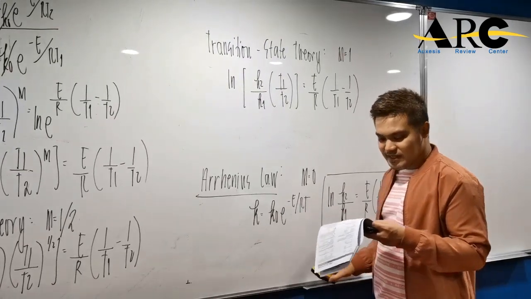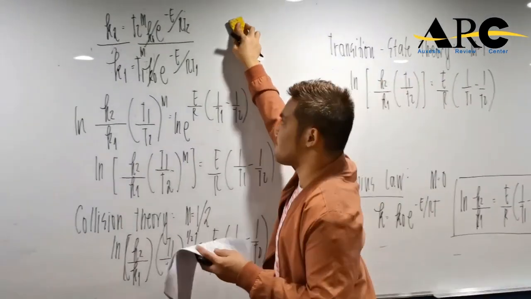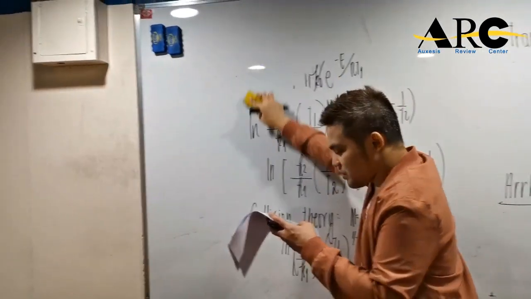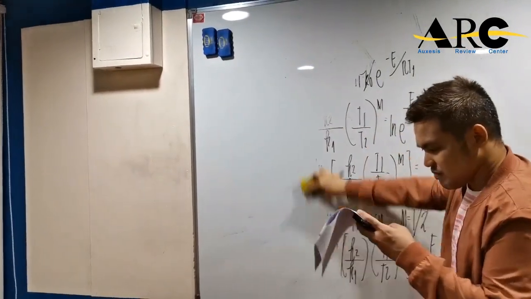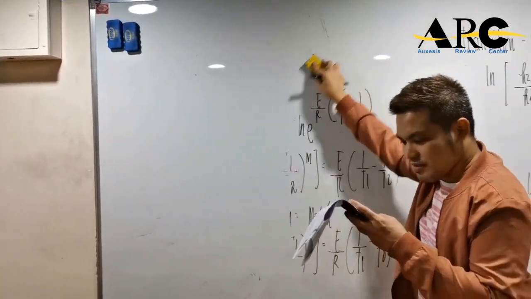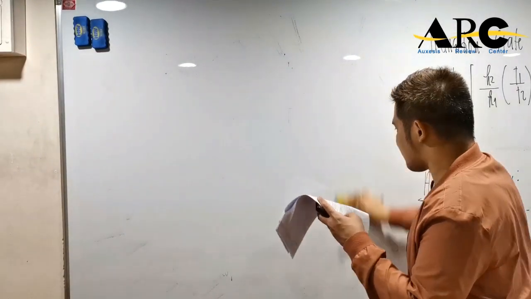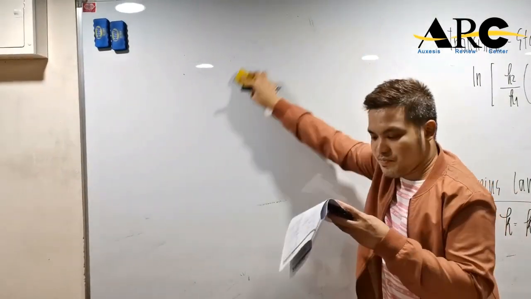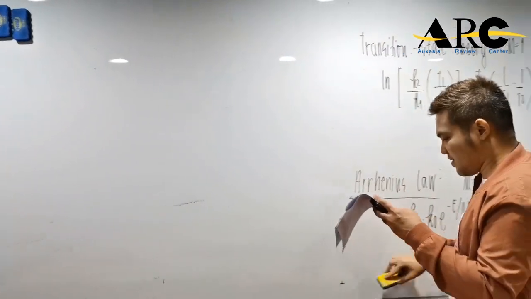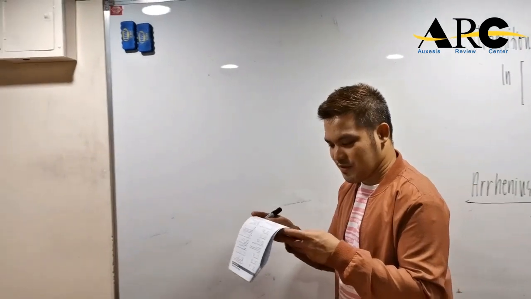So, try natin yan i-apply sa number 30. So, given tayo ng second order reaction involving reactants initially present at 0.10 mole per liter is found to be 20% complete in 40 minutes.